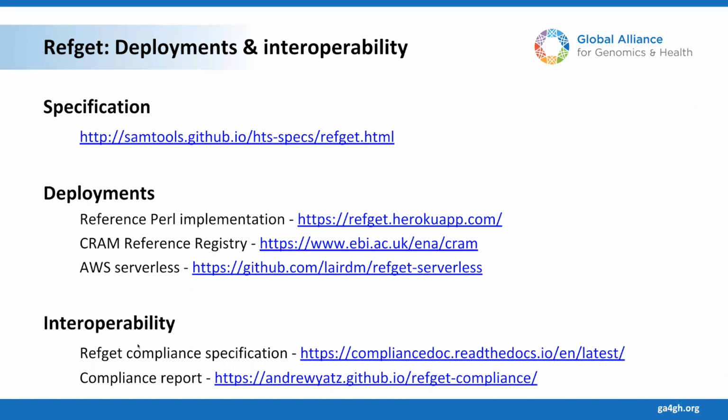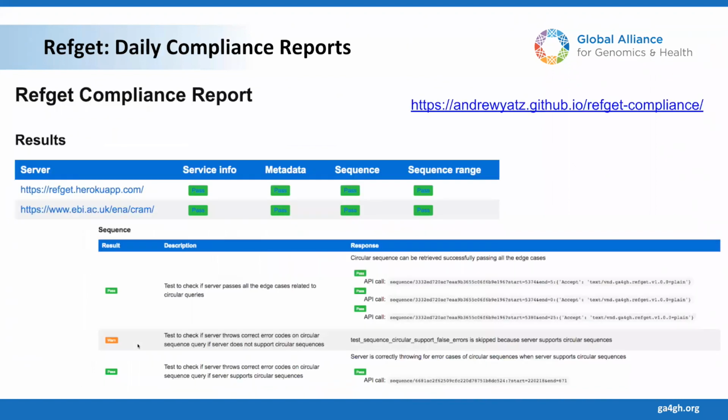So you can see there is a set of compliance documents available from Read the Docs. And also we have a nightly compliance report, which at the moment only runs against 2 versions of the API. You can see a screenshot from here, but basically you can see that both the Refget Heroku app and the EBI implementation pass all test cases.